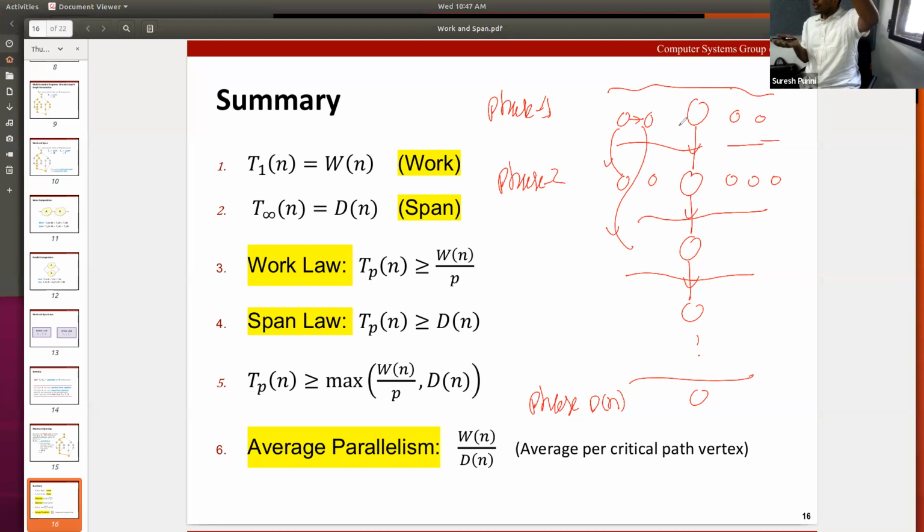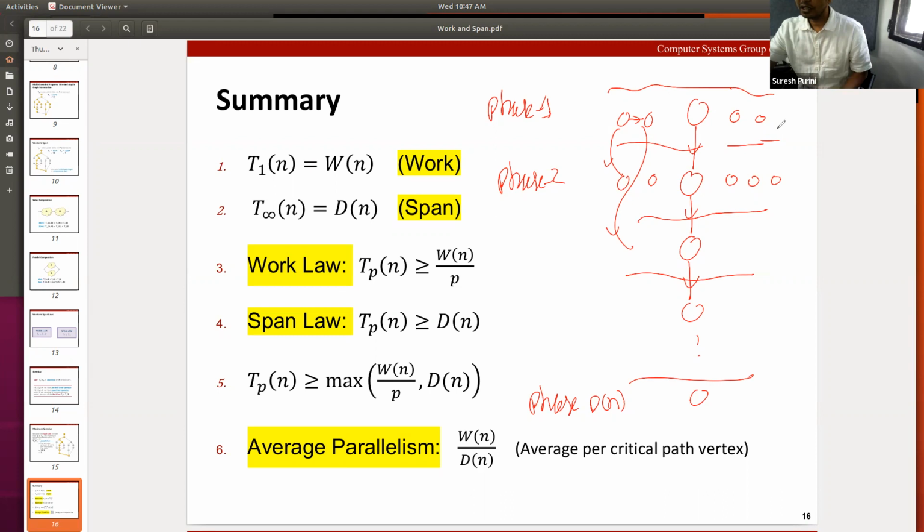So it is possible to take this DAG and its critical path and divide the whole computation into D phases. The rest of the nodes in the DAG can be placed in different phases in such a way that there are no intraphase edges between them. That's a very important thing, because all the nodes present in the same phase can be scheduled in parallel. Are you with me here?